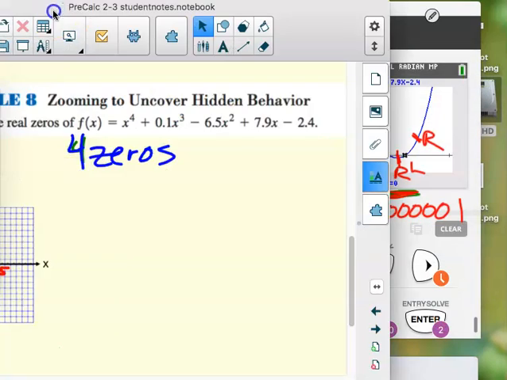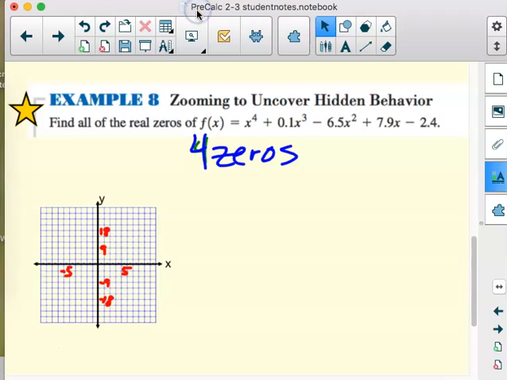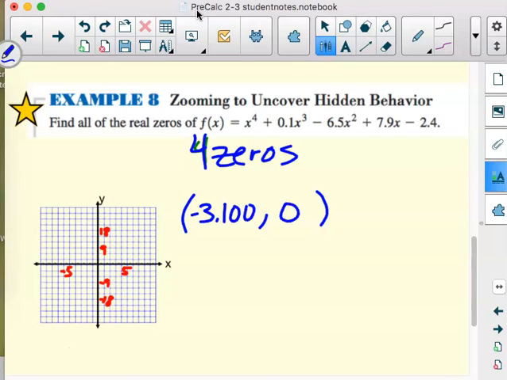So let's go ahead and get that on here. So from left to right, we had one that would have rounded to negative 3.1000. Then we had 1/2, 0. The next one over was 1.1330.